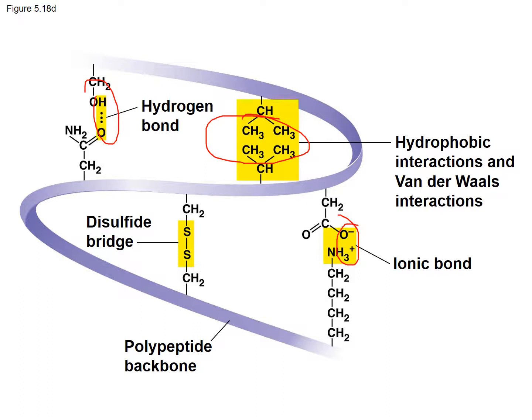But what holds everything together the most is right here. Disulfide bridges. Sulfur in the R group from one goes to a sulfhydryl in the other, and you get this nice, strong, covalent bond. These other, ionic, hydrophobic, hydrogen, these are extremely weak.